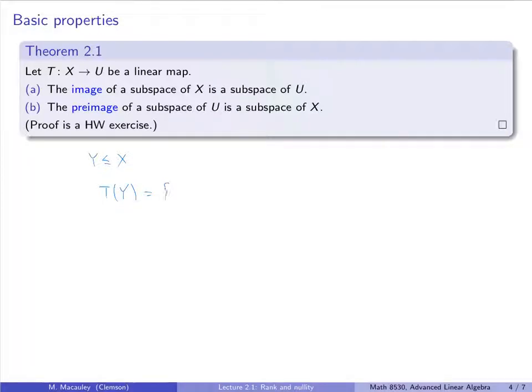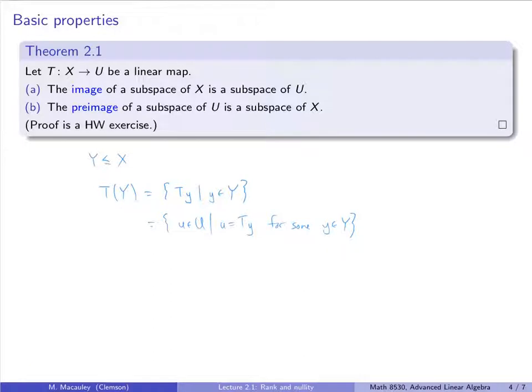So that means it is the set of all T little y, where little y is in big Y. Or another way to say this is it is the set of all U in the target space such that U equals Ty for some y in the subspace Y. Now you can use either of these to prove this, and I encourage you to try both to see which one is easier than the other one. You might learn something. It's good practice anyways.